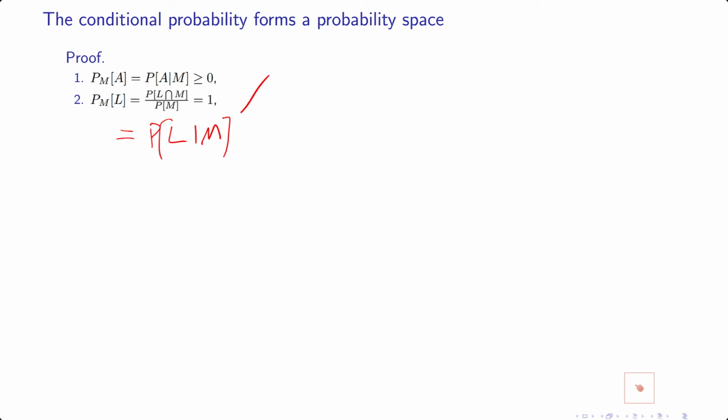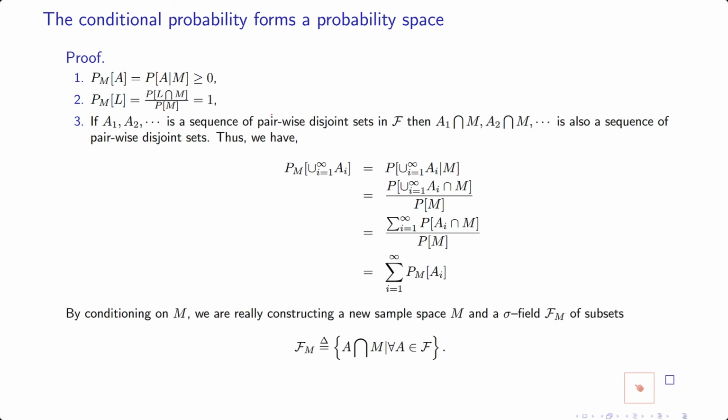The third property is the additivity property. If you have a sequence of pairwise disjoint sets A1, A2, and so on, then A1 intersection M and A2 intersection M are also disjoint. So the conditional probability of their union is equal to the probability of the union given M, and then you can write it that way.